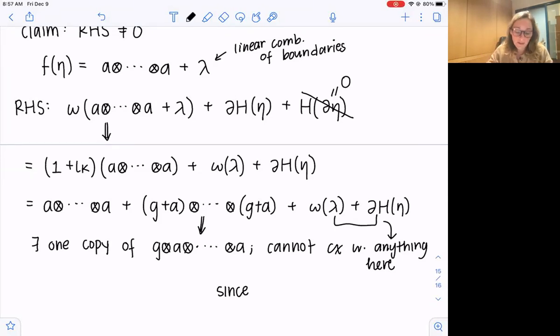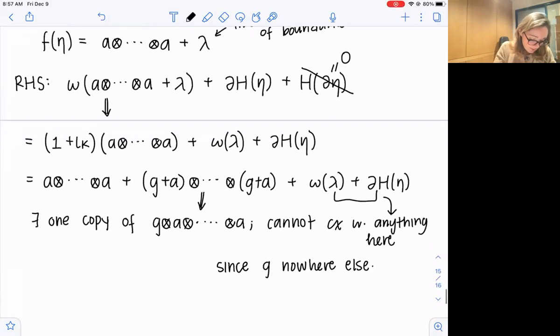So we can't possibly have that this element shows up again. So we have exactly one copy. Therefore, it does not cancel. Therefore, this side of the equation is non-zero. Therefore, F does not exist.